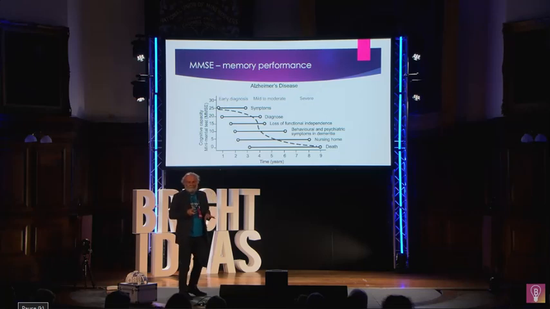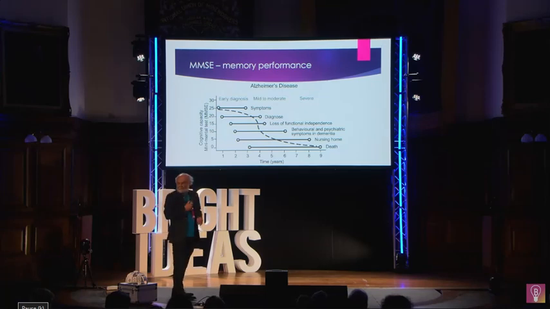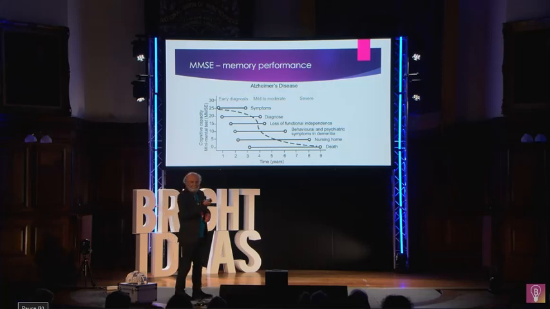I'm probably at 25 and dropping, being a little bit older. So you go from early diagnosis, 25, so the scale is 25 to 0. Obviously 0 is the end, but you've got mild to moderate and then severe down here. So the drop in number indicates the reduction in memory performance.